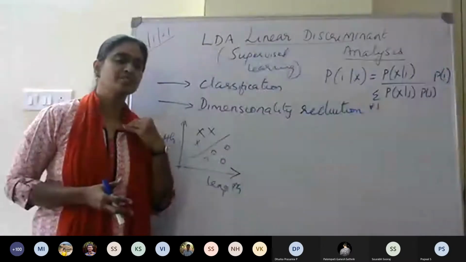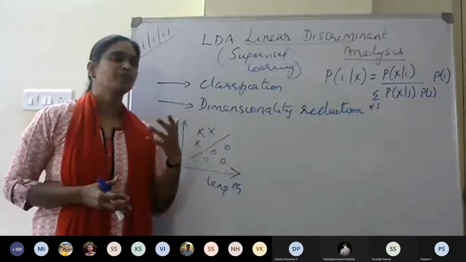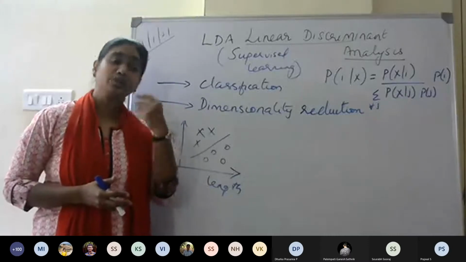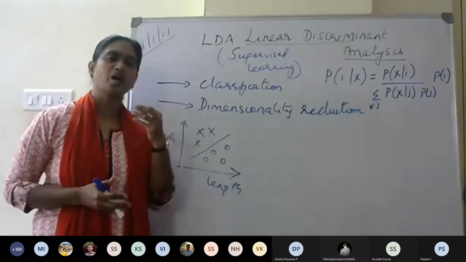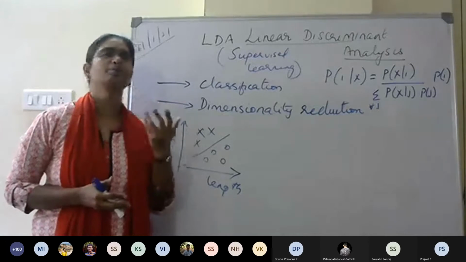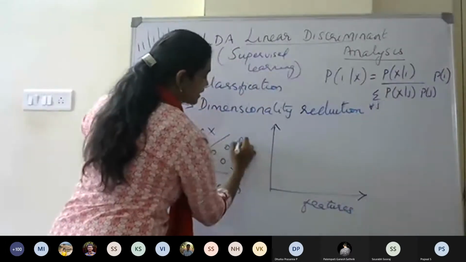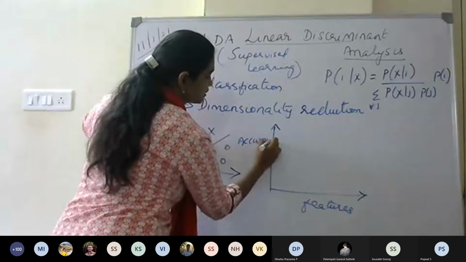So when I increase the number of features, it becomes difficult or complex to select the good features that significantly contribute to the classification of objects. What happens when we increase the number of features is like this. Say, for example, I have the features and then my classification accuracy.